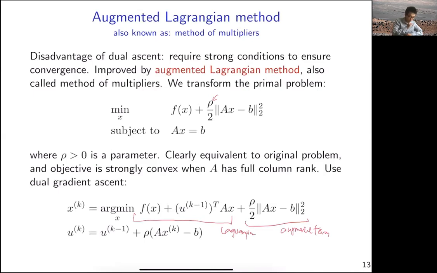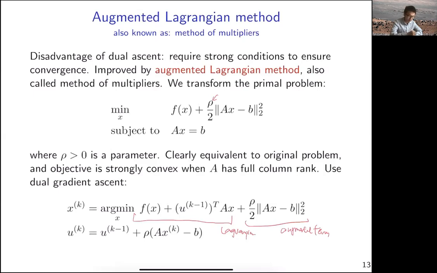Okay, another thing is that just like the Moreau envelope preserves the optimal objective function value, the augmented Lagrangian also preserves the optimal solution, right?